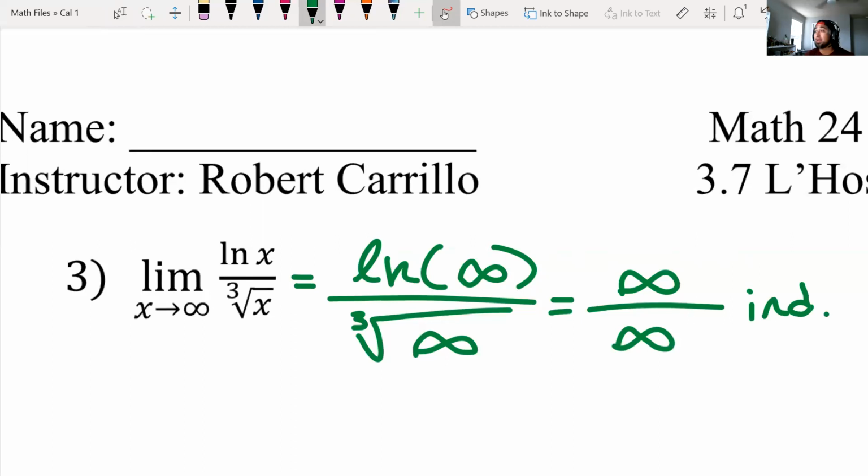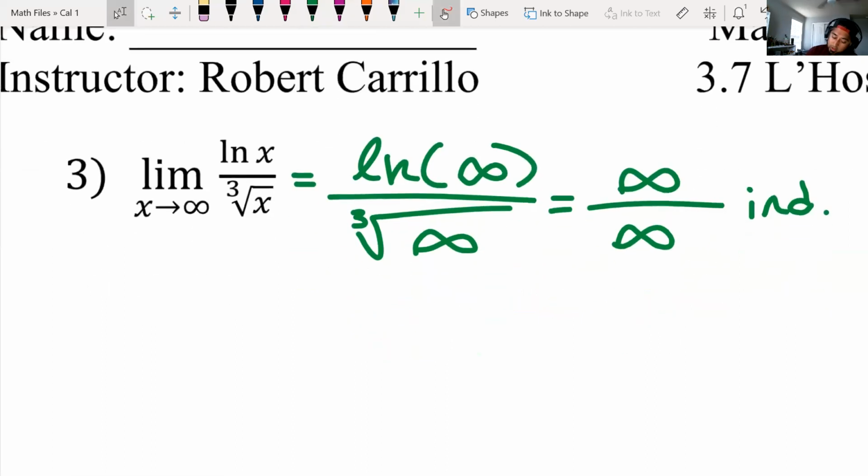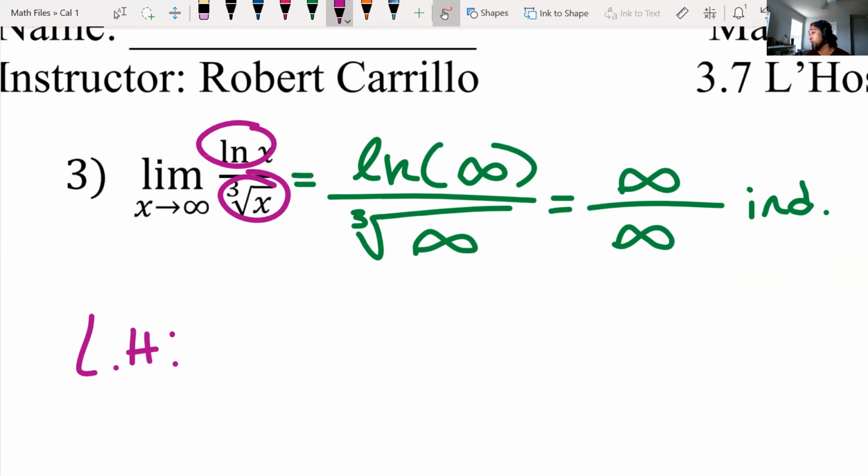So again, you get your indeterminate form, which means take them to the hospital. So we take the derivative of the numerator and denominator separately.